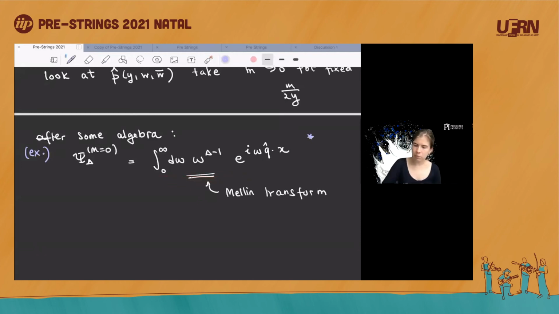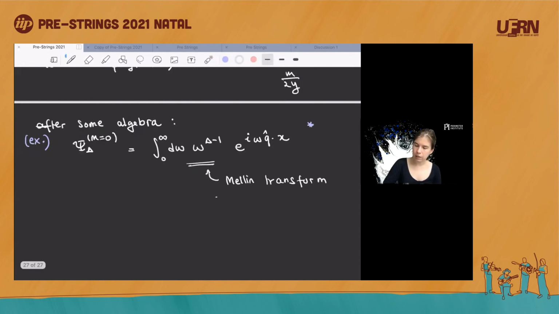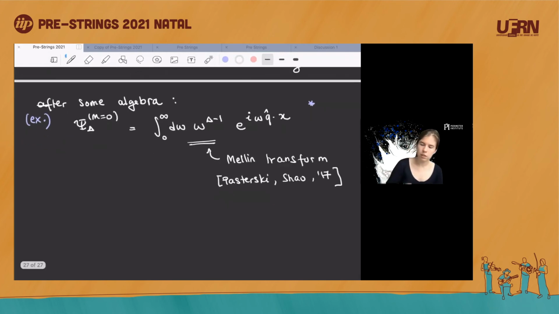I don't really have time to discuss that, but you can look at Ostrovsky and Shaw, 2017, where they argue that this shadow piece is actually linearly dependent on just the Mellin transform itself. So it's sufficient to consider just the Mellin transform as forming a complete basis, because the shadow is linearly dependent.